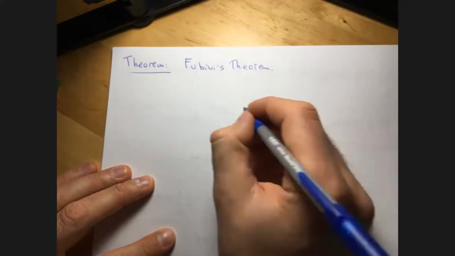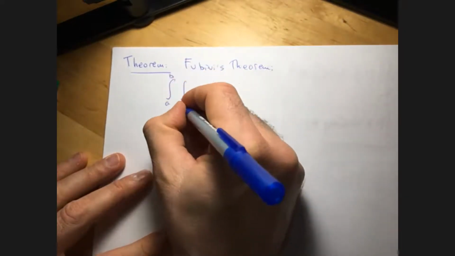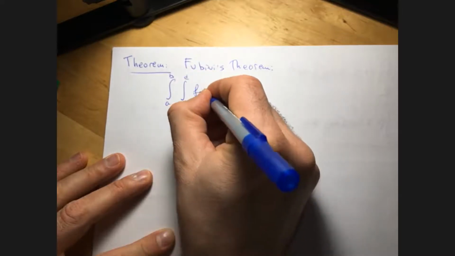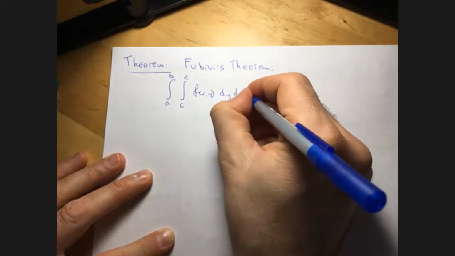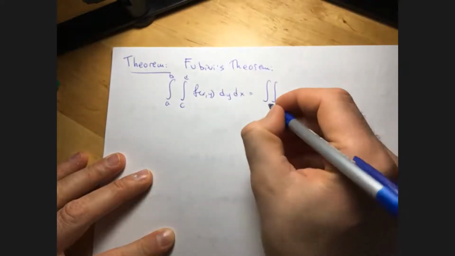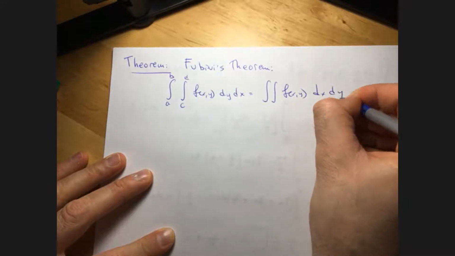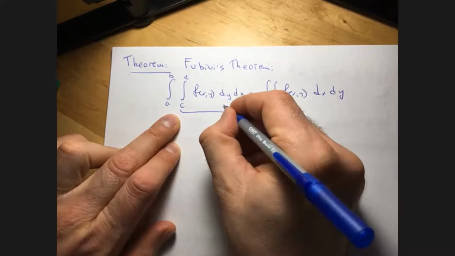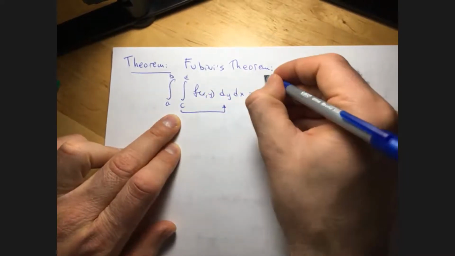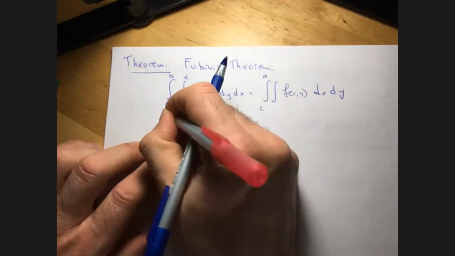That the double integral dy dx is equal to the double integral of dx dy. Of course, you have to change the limits now: y runs from c to d, and x runs from a to b.